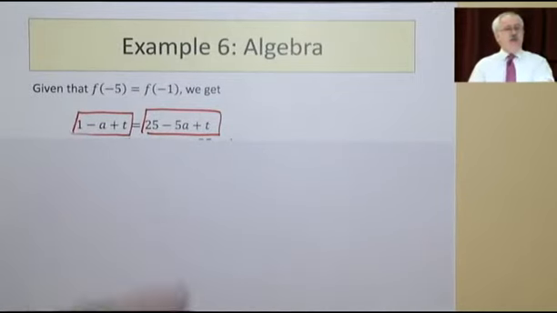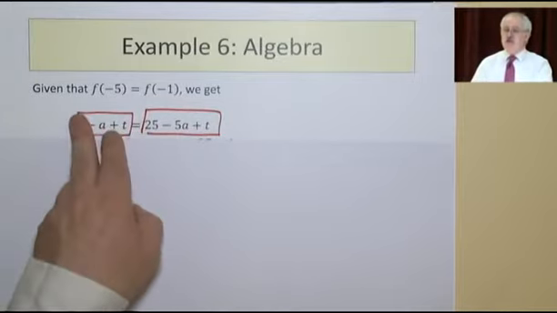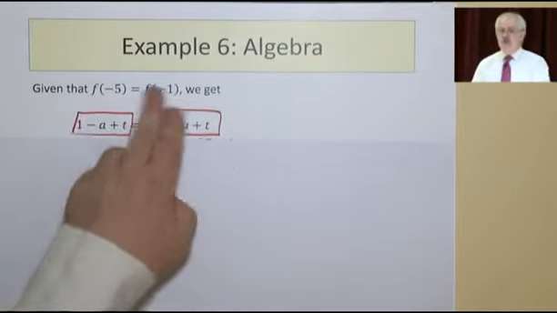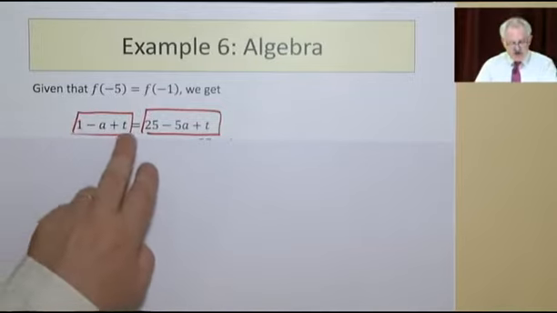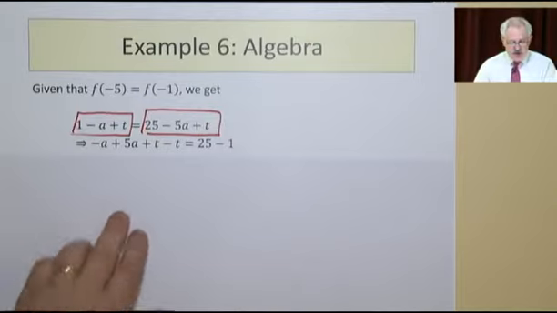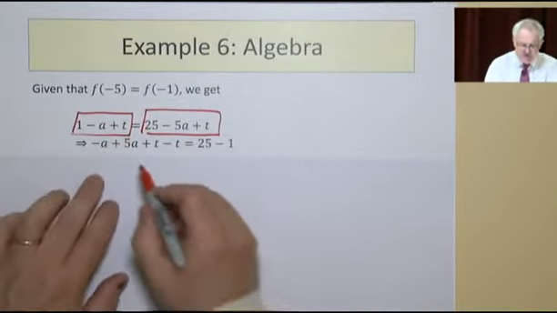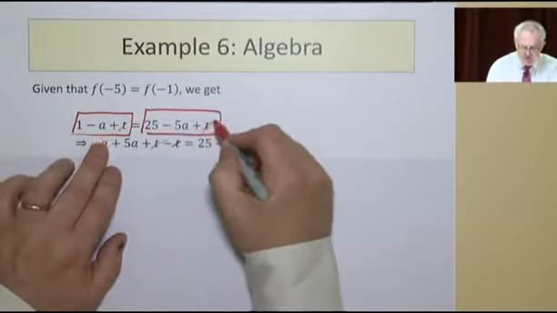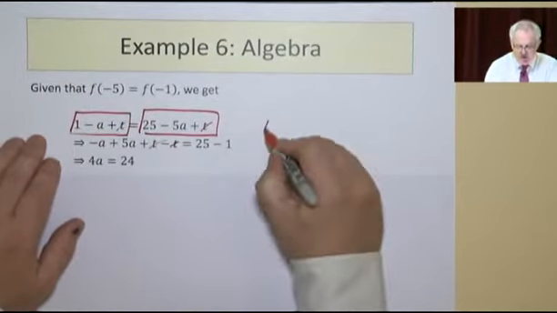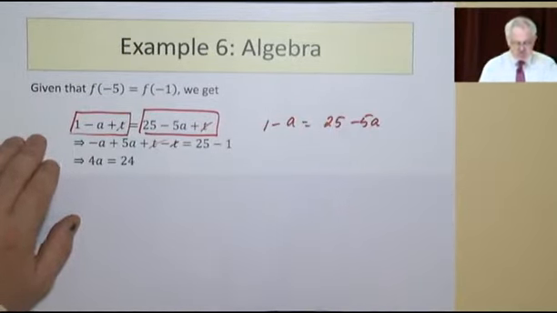Can we simplify this in any way? Well, we could decide to bring the a's to the other side, or the t's to the other side, as we did before. But the first thing we might see is that there is a t on both sides, so if we take the t from this side and the t from that side, they cancel, and we get that 1 minus a is 25 minus 5a.